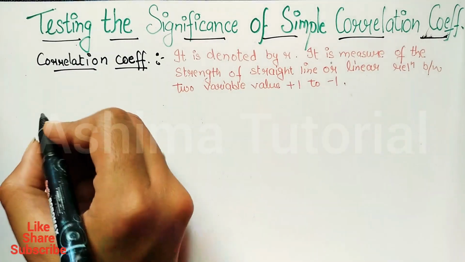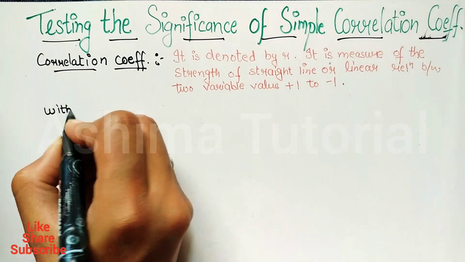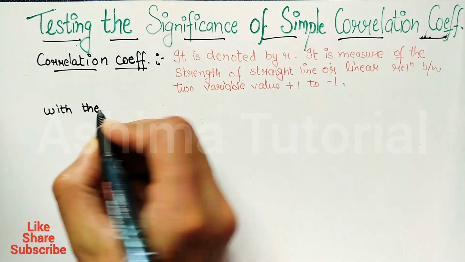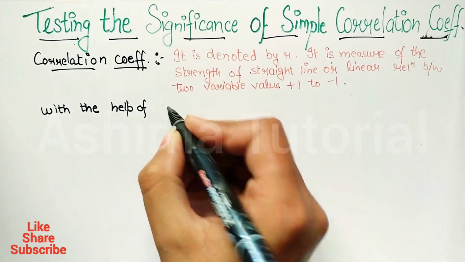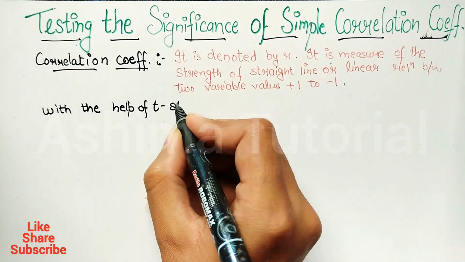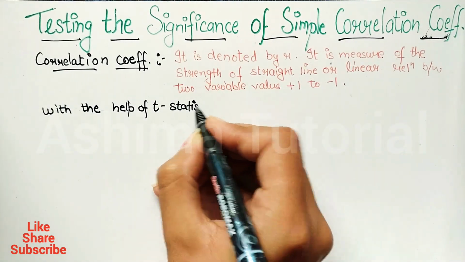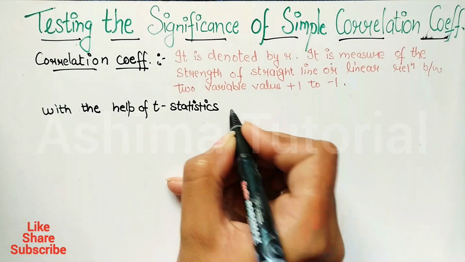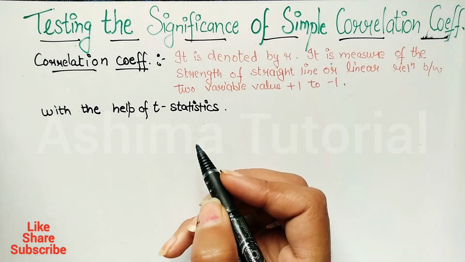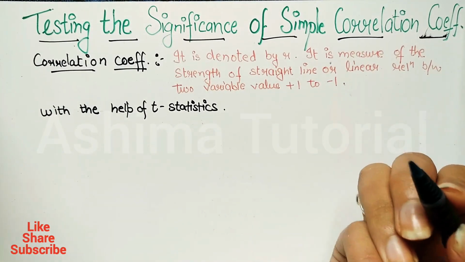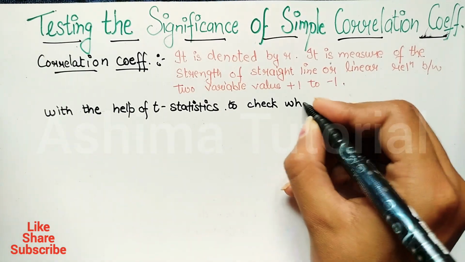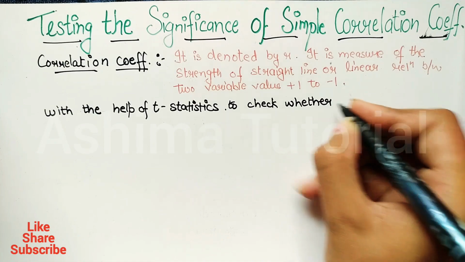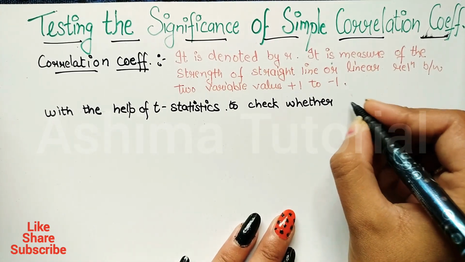Okay, now the testing. With the help of t-test, we test the simple correlation coefficient. In this, we test whether the correlation in population is significant or not.